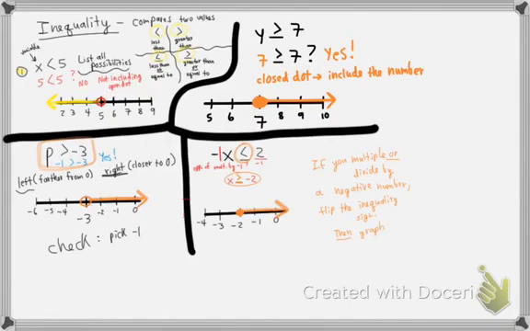And just to kind of finish this idea, I'm going to do one more quick problem, okay? Let's say we had -y is greater than 1. Since there is a negative in front of your y, you want to get rid of that. You want to divide both sides by a -1.